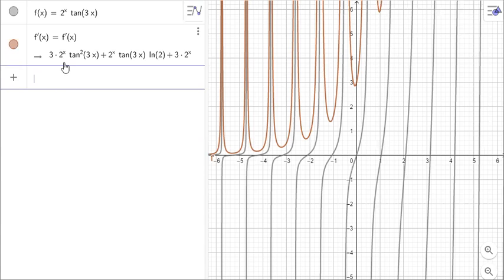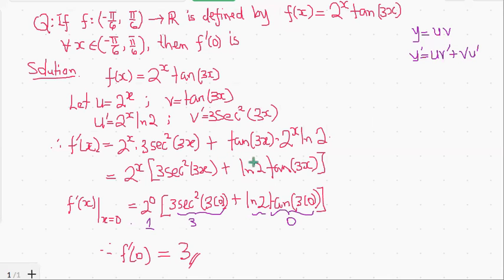All right, so the derivative here in GeoGebra is shown on screen. Do you think in any way that this answer is different from this? Is the answer gotten in GeoGebra, do you think it's different from this in any way?